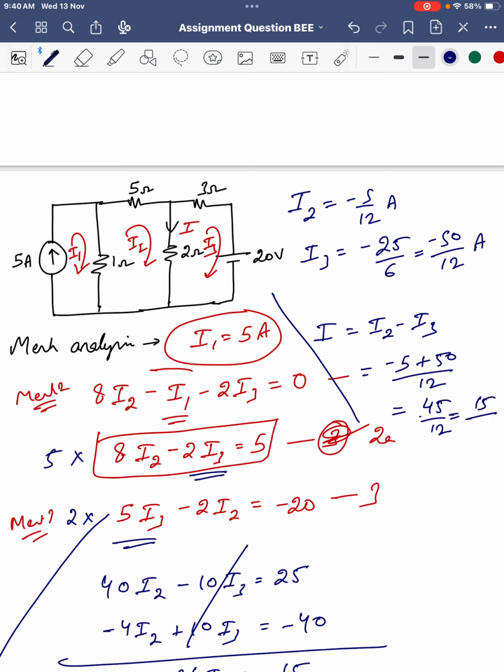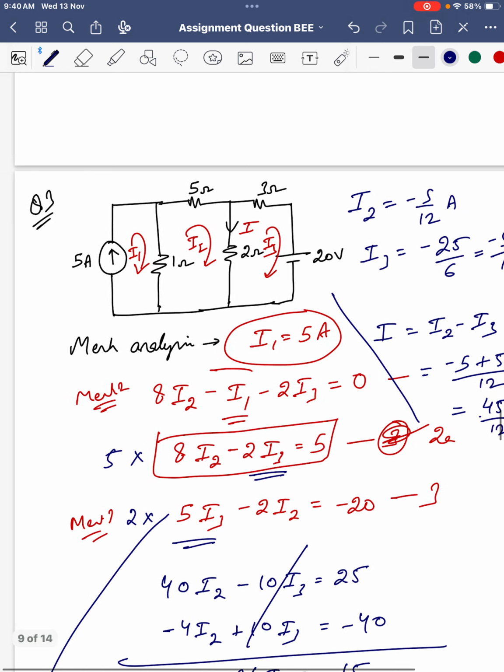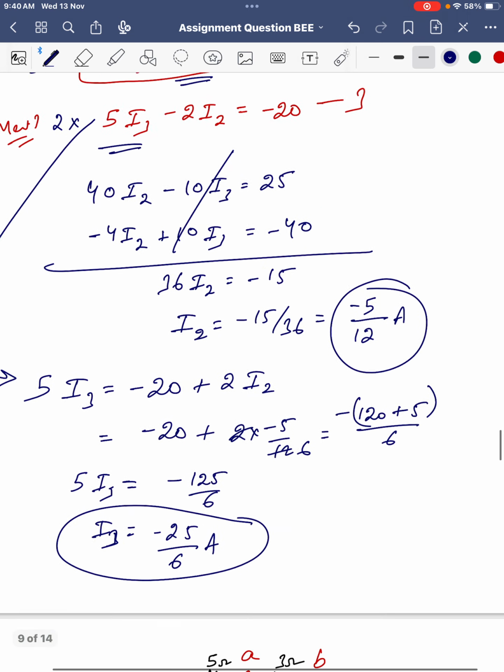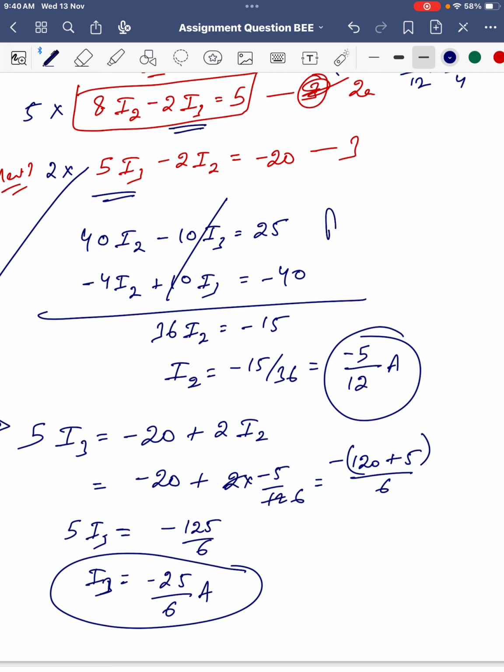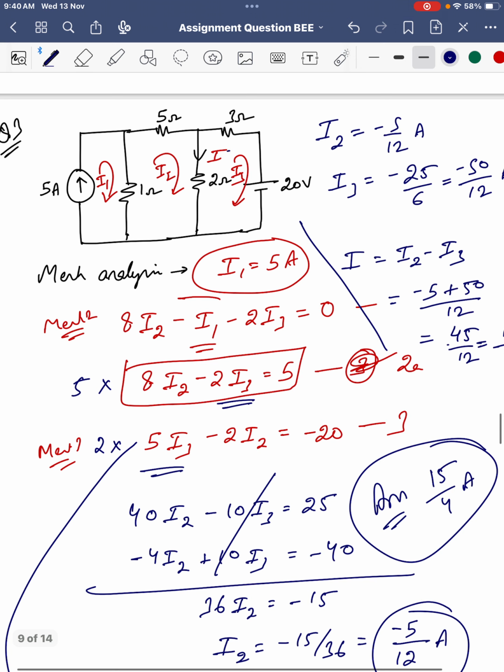So divisible by 3, so this is equal to 15 by 4. So 15 by 4 ampere is the answer. So we can write that the answer to this is 15 by 4 ampere, right? So this answer is 15 by 4.